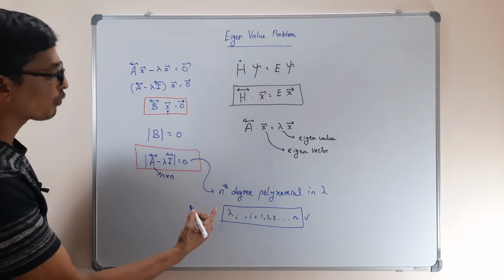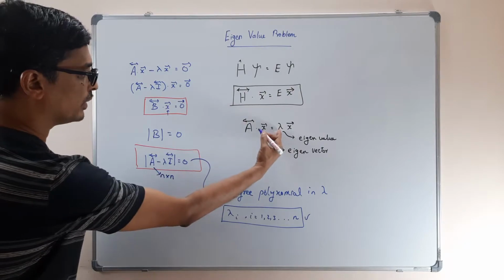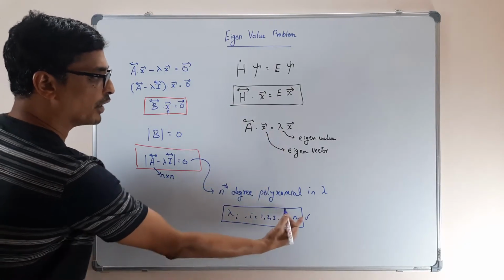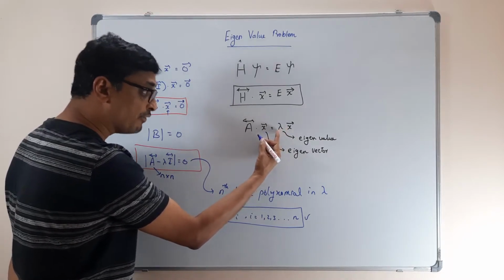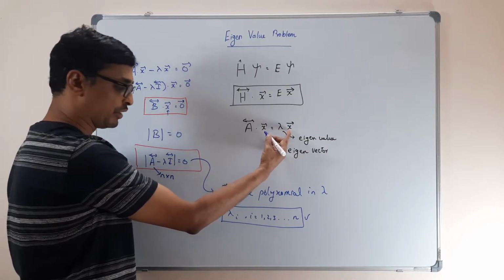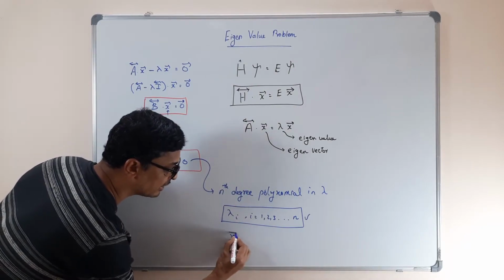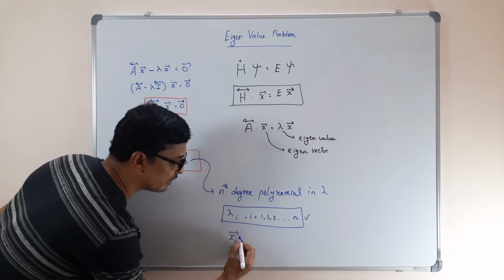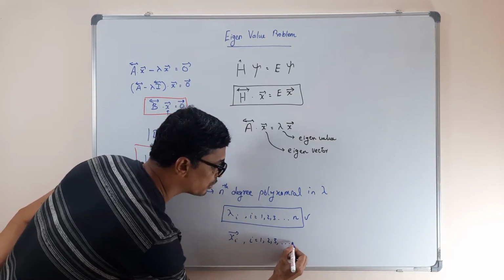So when we have n lambda values, for each eigenvalue there will be an eigenvector associated with it. Therefore, we will have an eigenvector xi corresponding to n lambda values, where i equals 1, 2, 3, up to n.